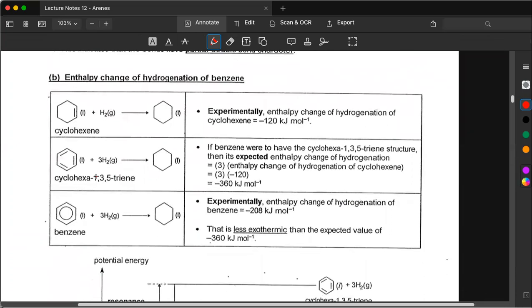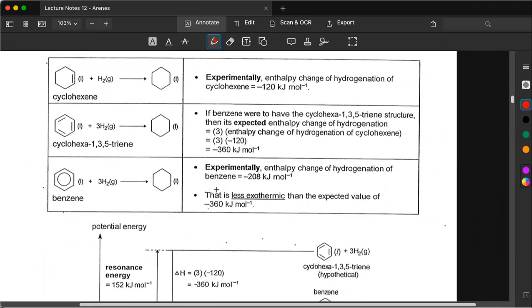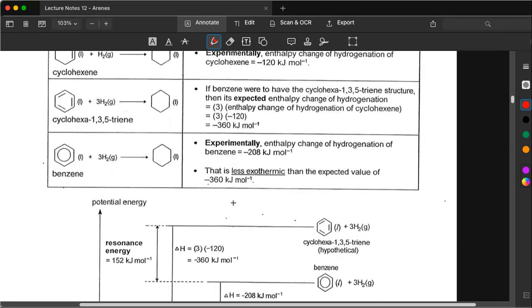For cyclohexa-1,3,5-triene, if benzene were to really have this structure, then the expected enthalpy change should be negative 360. However, based on the experimental result, the enthalpy change of hydrogenation was actually only negative 208, which is less exothermic than the expected value.